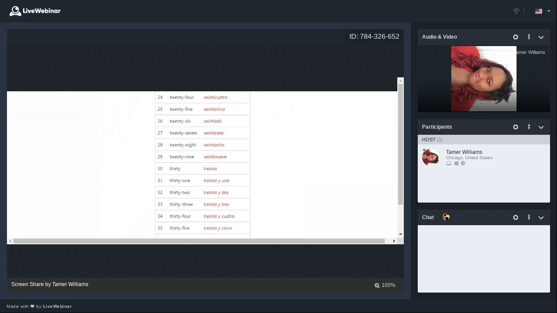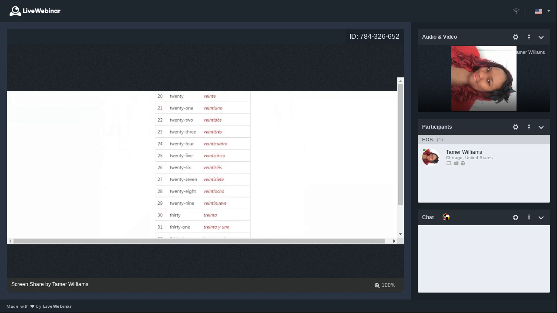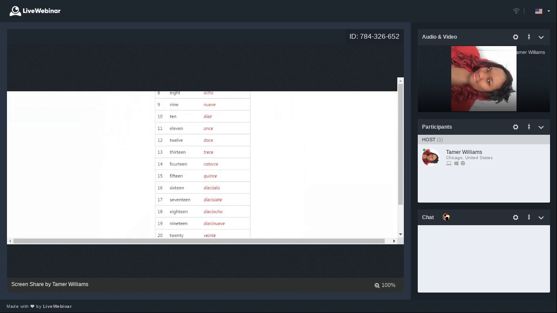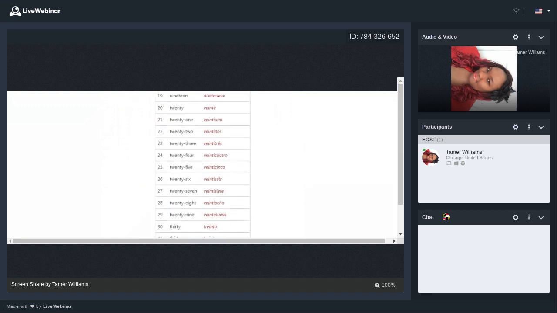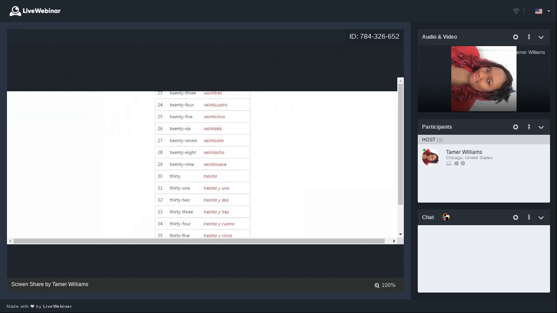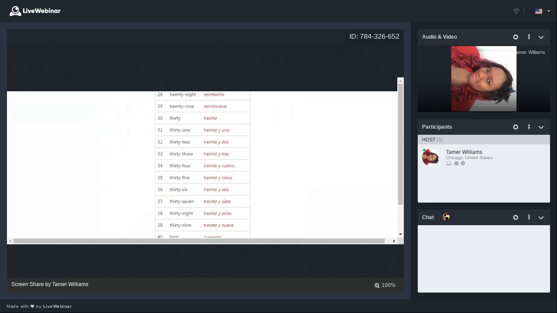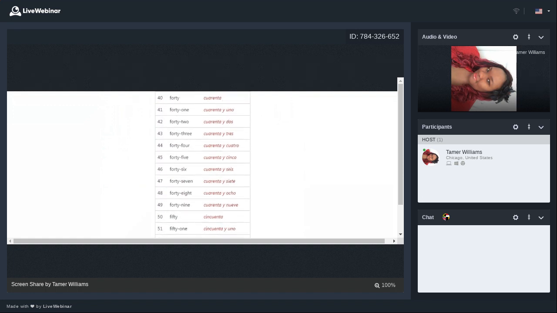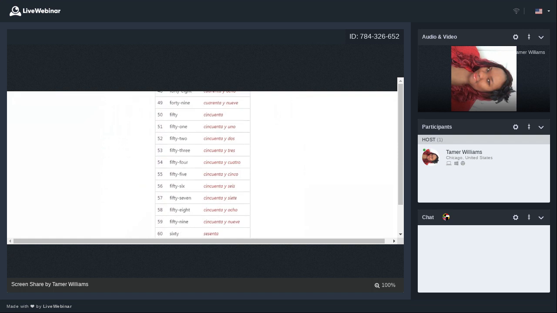So just to count by tens briefly. So you can start with 10, which is diez. Scroll back up here. So diez, diez, and then 20 for veinte, and then 30 for treinta, 40 for cuarenta, 50 for cincuenta, 60 for sesenta. Try to be careful with 60 and 70.